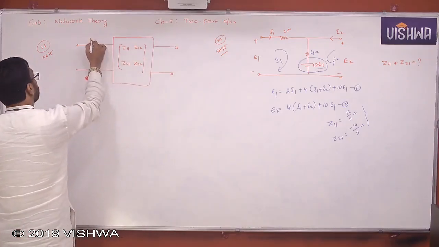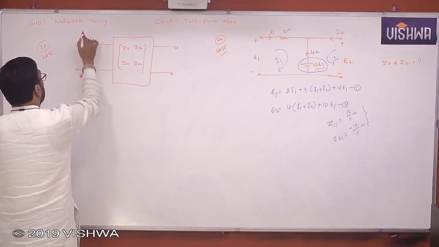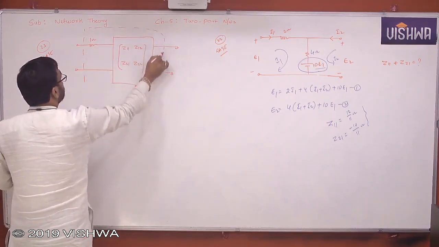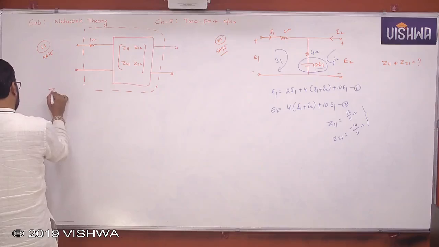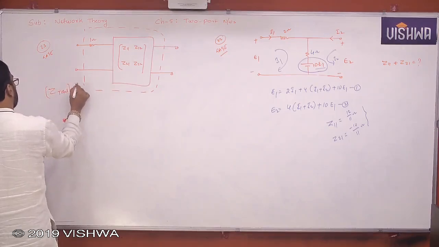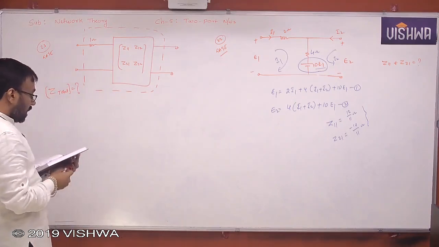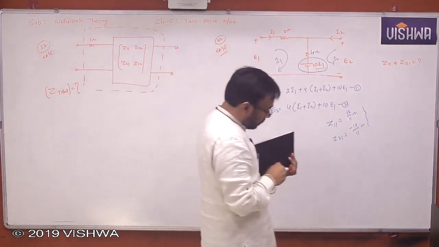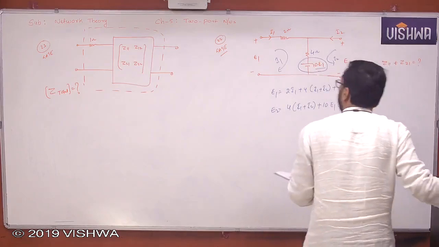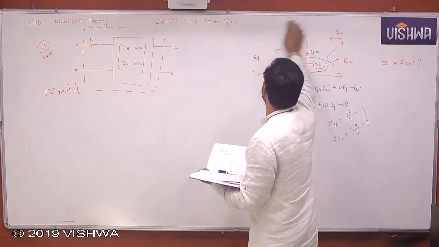This is one more. Find the overall Z matrix. Find the overall Z matrix is asking. Let me remove this part.